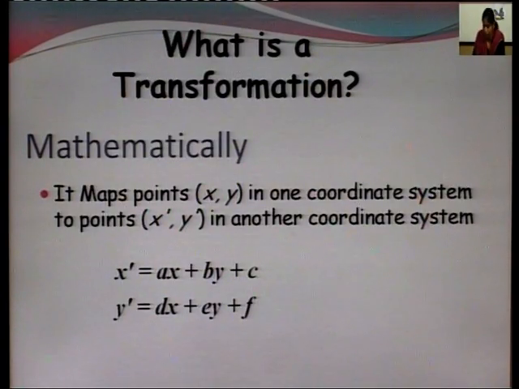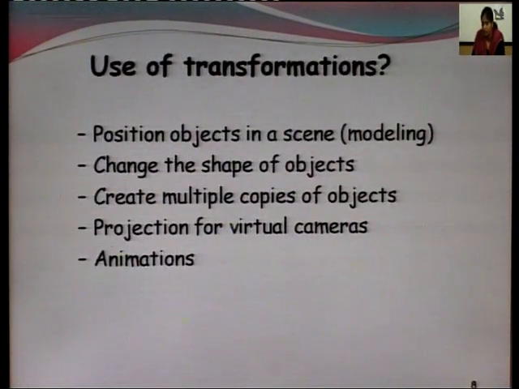So, before going into the details of the transformations, I would like to give some overview of the matrix operations also. So, what is the ultimate use of transformations? It positions the objects in the scene, it changes the shape of the objects, we can create multiple copies of the objects, or we can create the projection for virtual cameras. Animations are not feasible without transformations, and all video games, computer games or computer movies require animation.